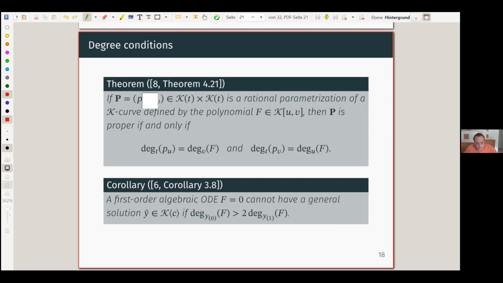So if you have such a parameterization, then you know that the degree in the parameter t of the first component must be equal to the degree of your polynomial in V and vice versa. The degree of the second component in t must be equal to the degree of F in the variable U. And by this, it is actually very easy to derive this necessary condition, that you cannot possibly hope to find such a general solution in K adjoin C.